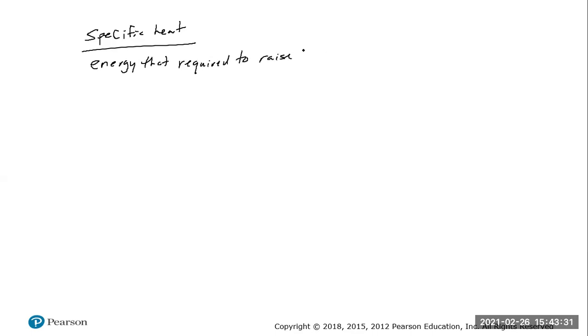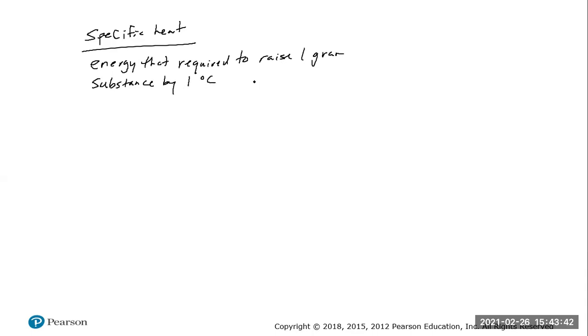First off, specific heat. Specific heat is basically the energy required to raise 1 gram of a substance by 1 degree Celsius.